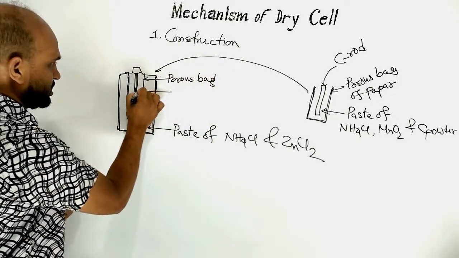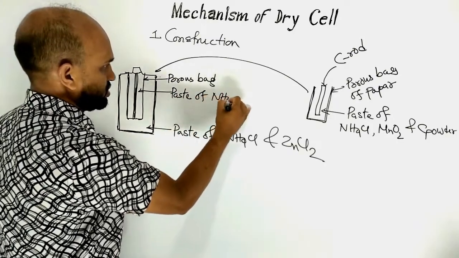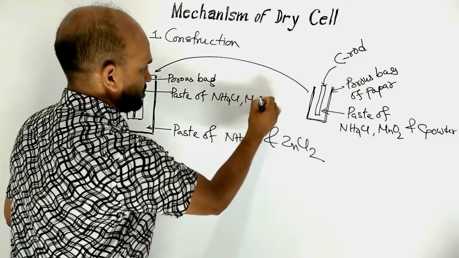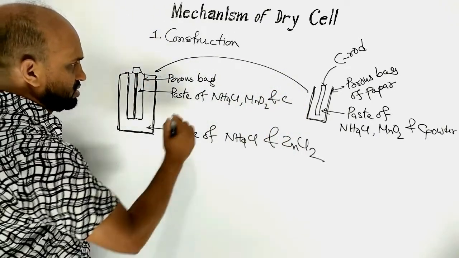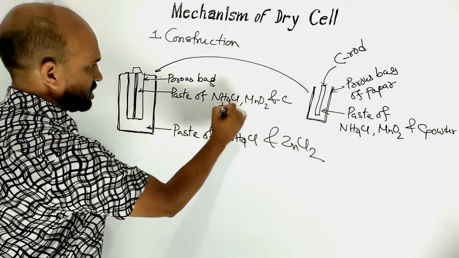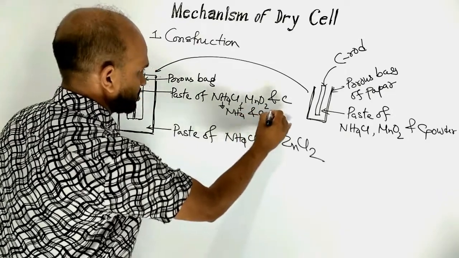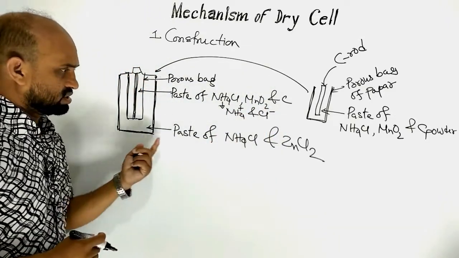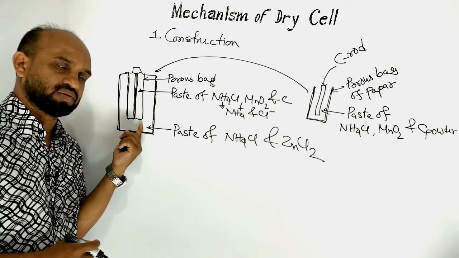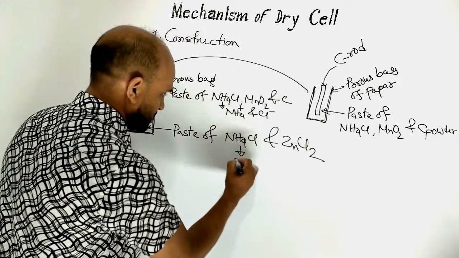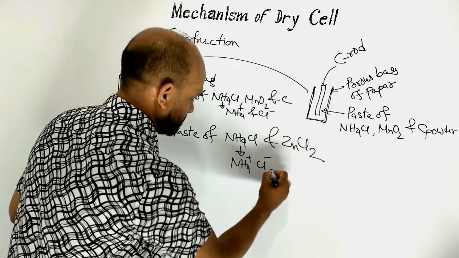Inside the porous bag, paste of ammonium chloride, manganese dioxide and carbon, where ammonium chloride ionizes to ammonium ion and chloride ion, and the paste which is present inside the zinc vessel ionizes to ammonium ion, chloride ion.